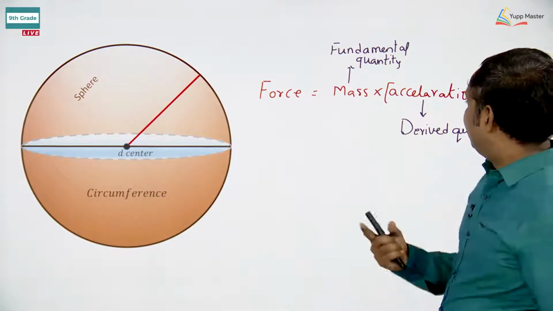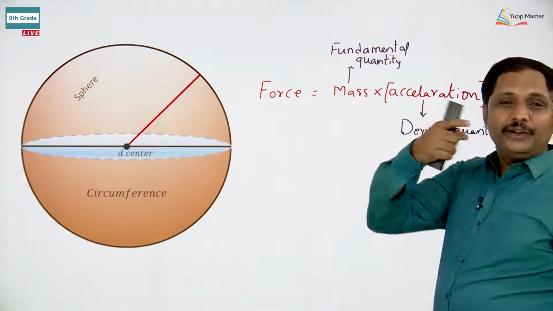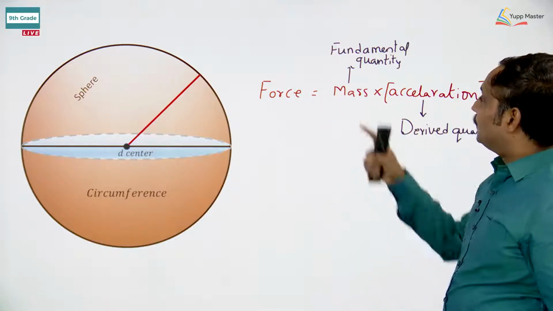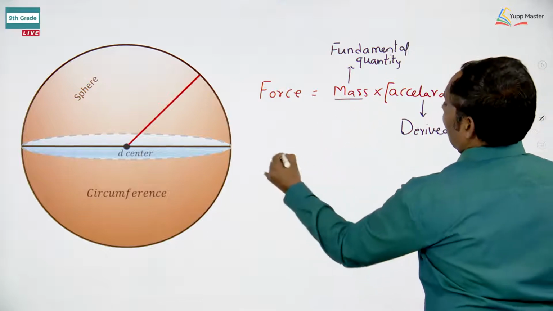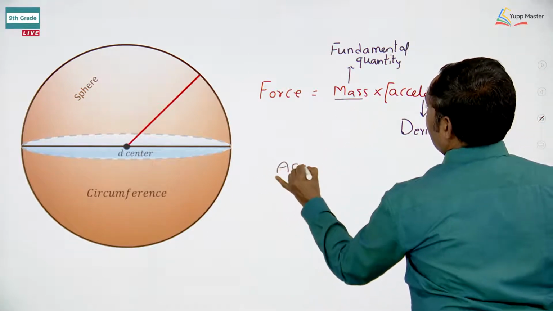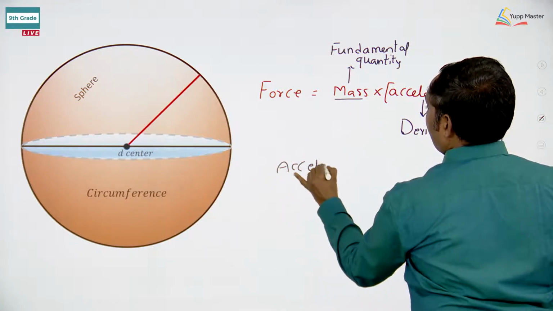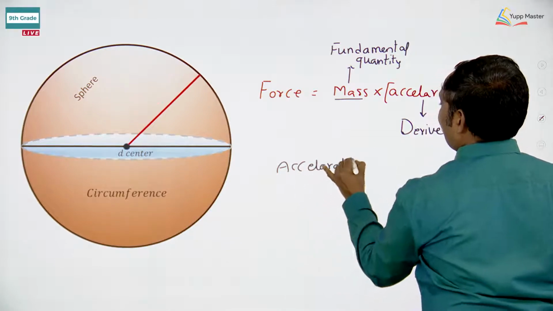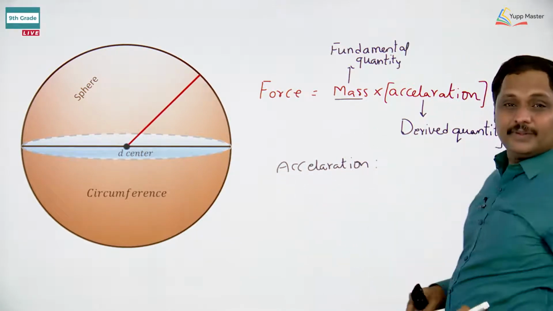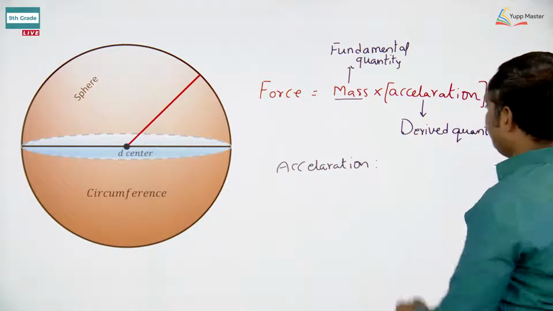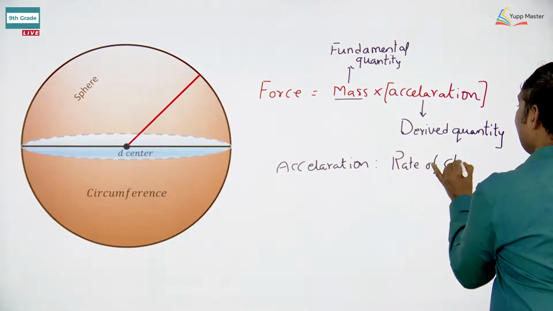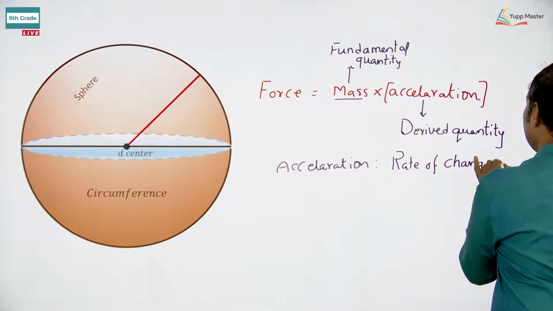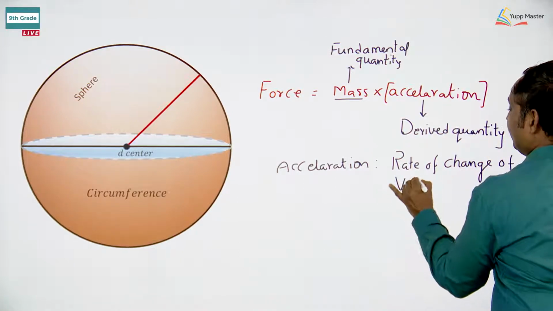If you are going to find the dimensions of this physical quantity, you can take acceleration. That is the rate of change of velocity.